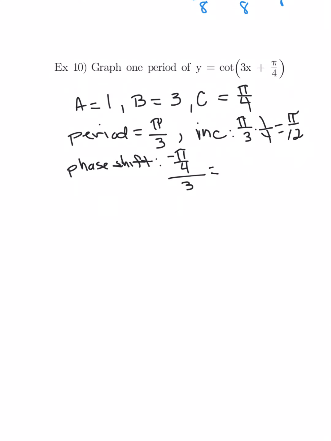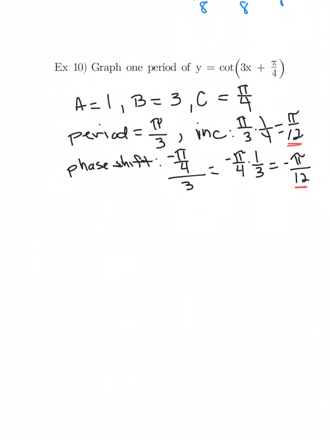This means we have negative pi over 4 times 1/3, which is negative pi over 12. And it's very convenient that our increments and our phase shift are already the same denominator, so we don't have to mess around with that.